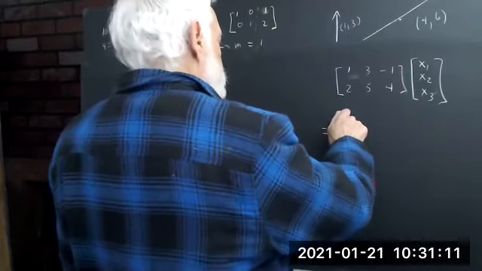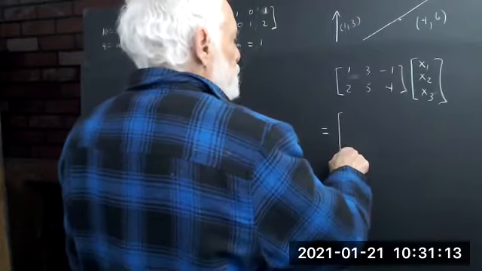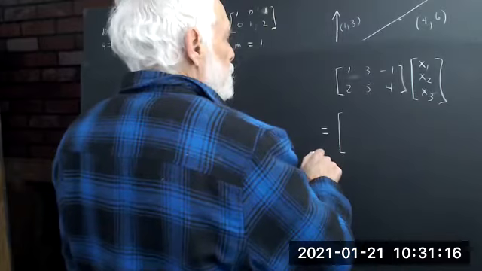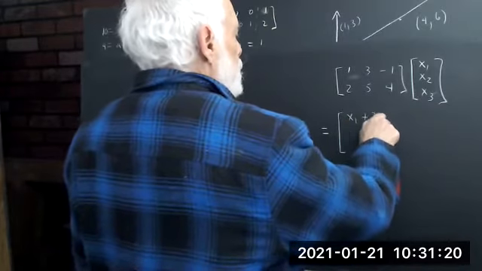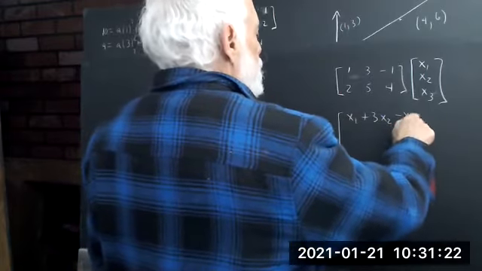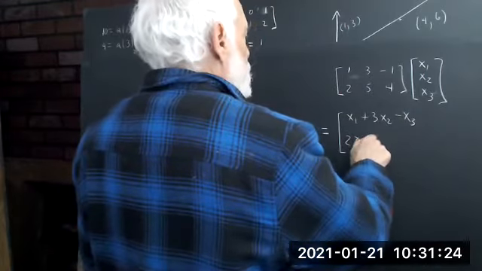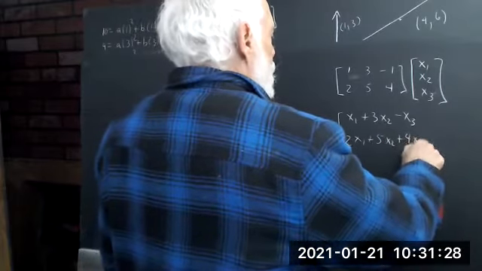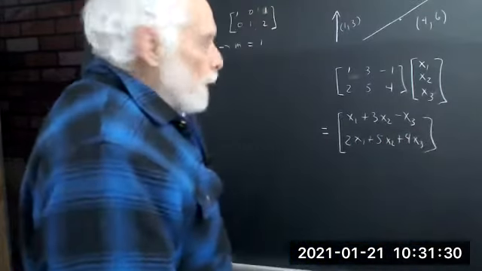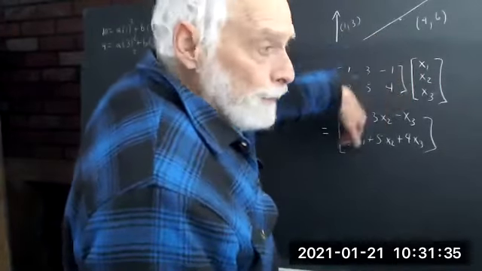This is equal to this. Very straightforward, 1 times x1, 3 times x2, negative 1 times x3, and similar for the second column.